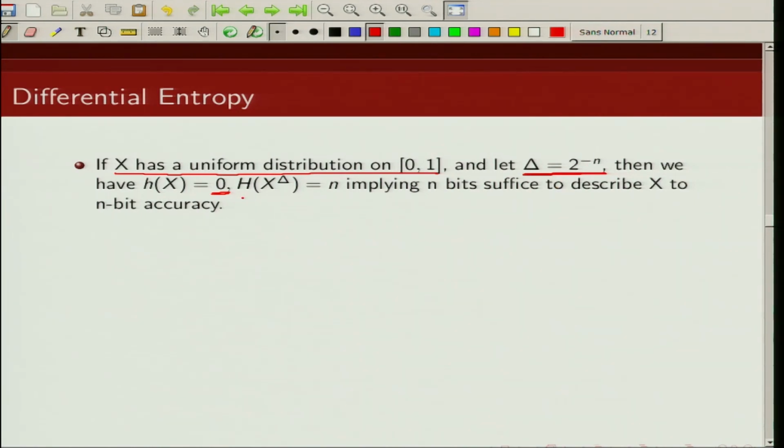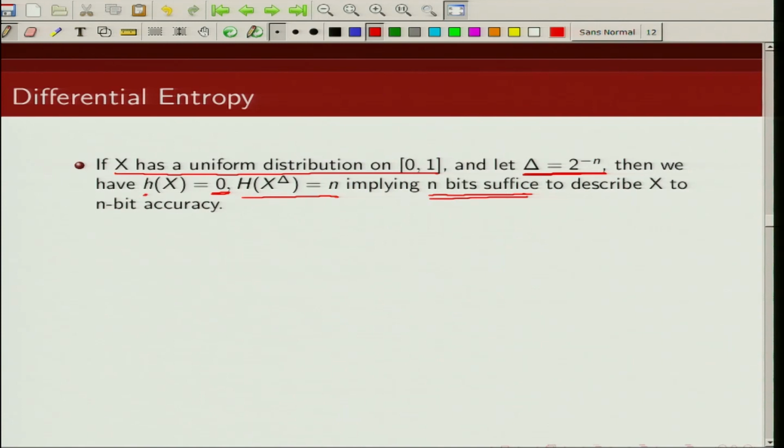So H of x delta will be h of x minus log of delta. Minus log of delta is n, h of x is 0. So then H of x delta will be n, which implies that basically n bits are sufficient to describe x within n-bit accuracy.